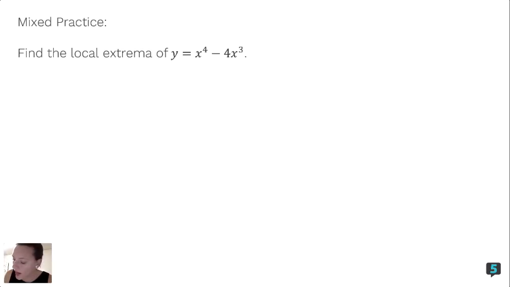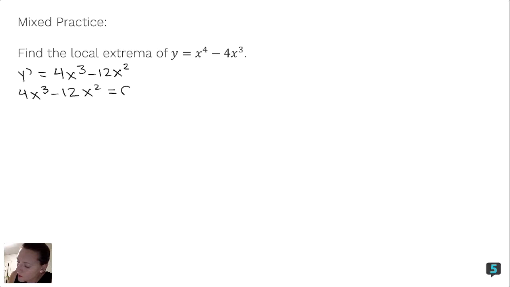All right, we've got y prime equals 4x cubed minus 12x squared. So I'm taking that derivative, and I need to do that because I need to find my critical numbers. Critical numbers happen where my derivative equals 0 and where it does not exist.